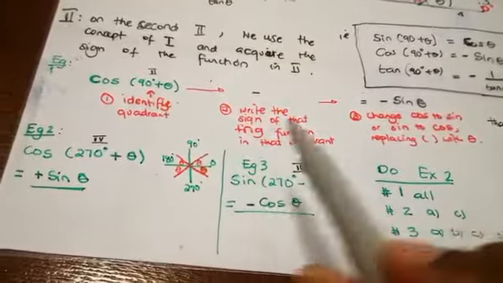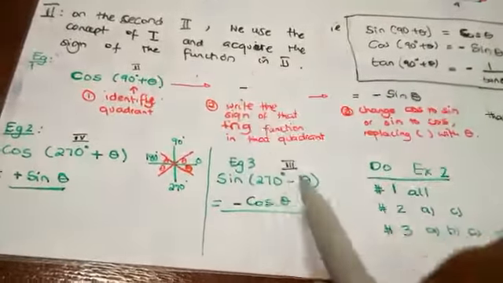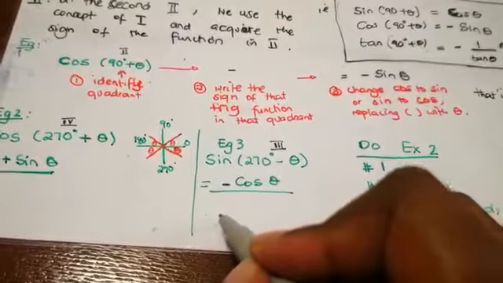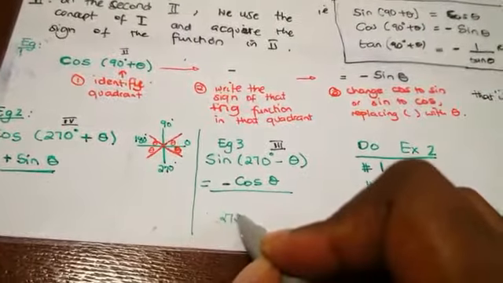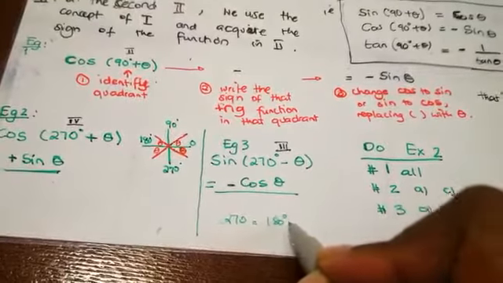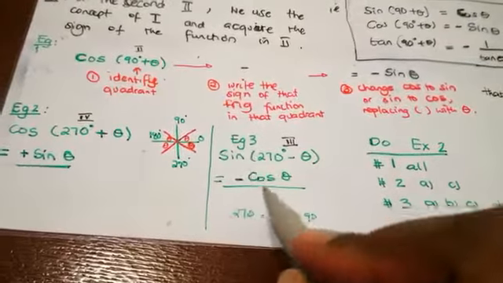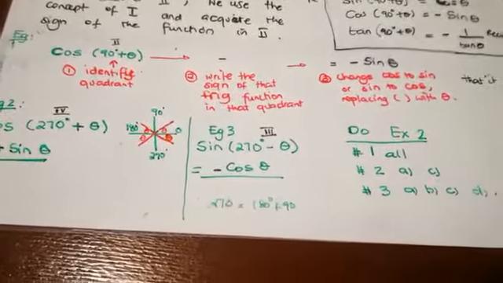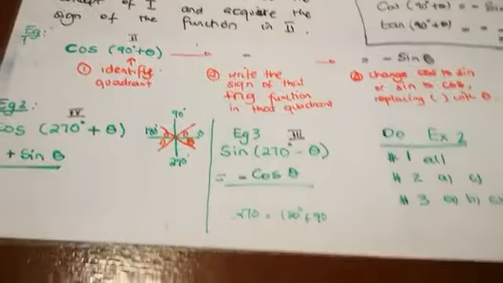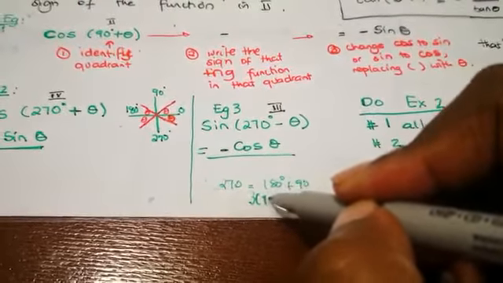Okay, the reason why we are using the idea of 90 here is because 270 is actually 180 plus 90. So that means this one has a concept of the 90 in it, or you can imagine it as what? As 3 times 90.